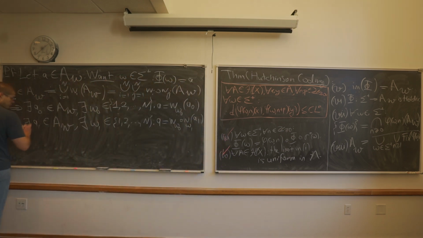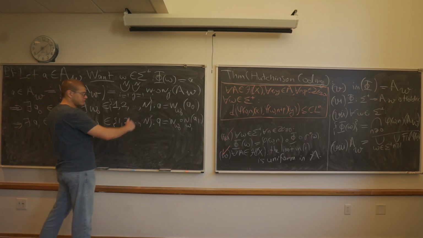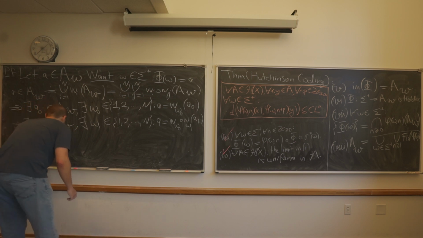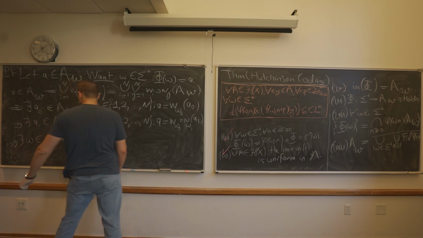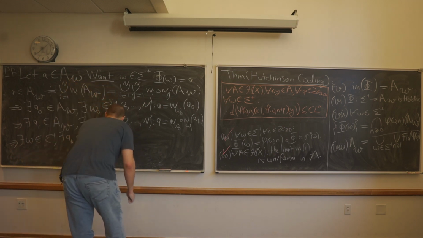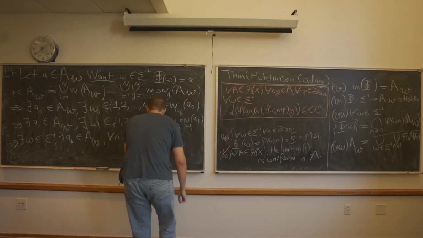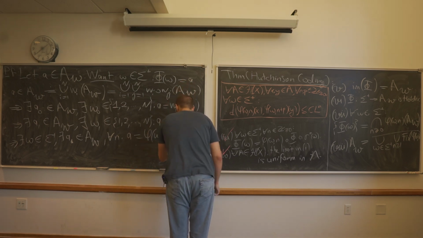Going this way, I have a sequence of points in A sub W and a sequence of symbols from 1 to n such that there's an omega in shift space, there's an A sub bullet sequence in A sub W, such that for any n, A equals phi of omega comma n applied to A sub n.